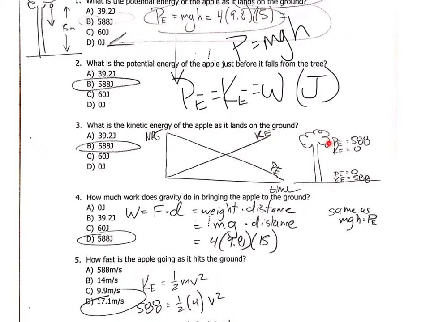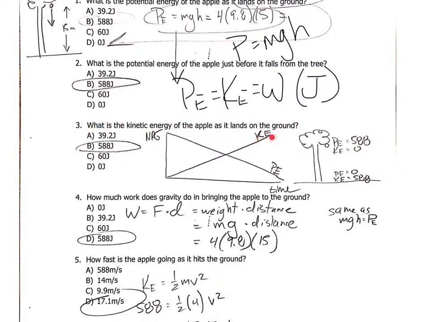At the top, you see potential is 588, kinetic is 0. By the time it reaches the bottom, those have exactly switched over. Potential would be 0, kinetic would be 588. Halfway, they would be sharing, and each would be half of 588. This is kind of called the work energy equivalence theorem.